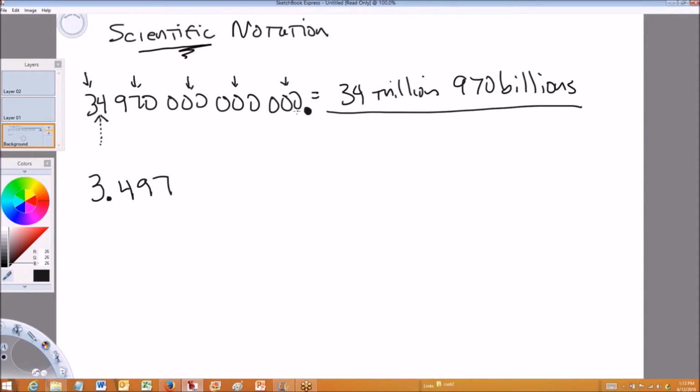We're going to have to count over how many decimal places we have to go to put this into scientific notation. And we stop there because that's where we're bringing down the decimal. So we counted 13. So we're going to have that times 10 to the 13th power. Oh, and I just noticed on closing on this section, that should not say billions. That should just say billion.